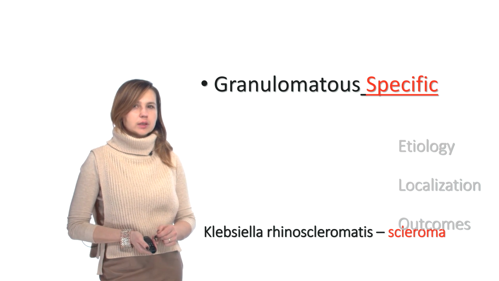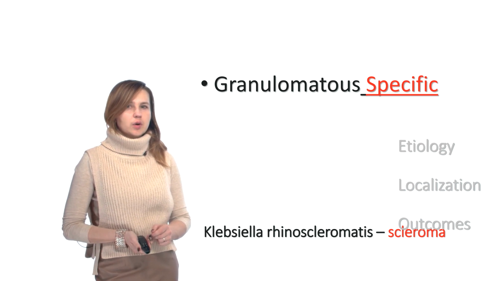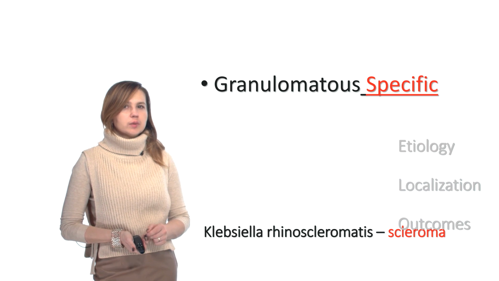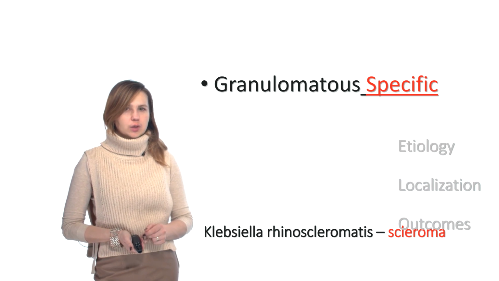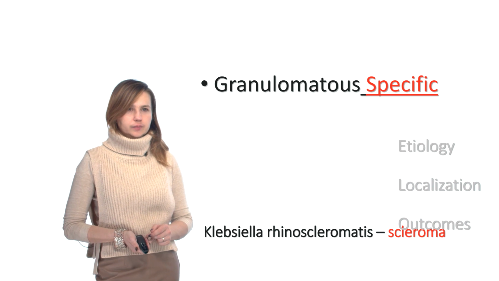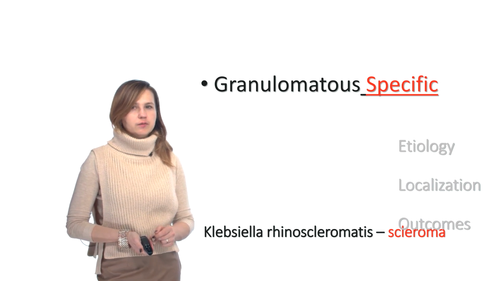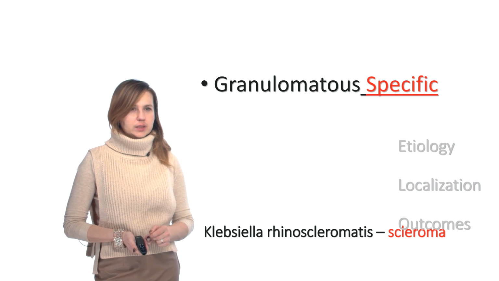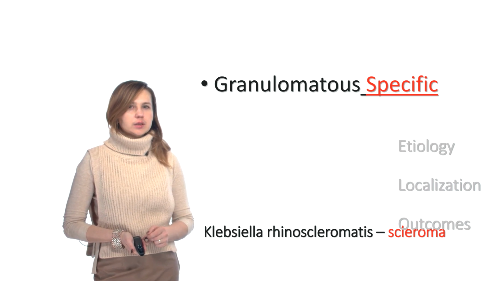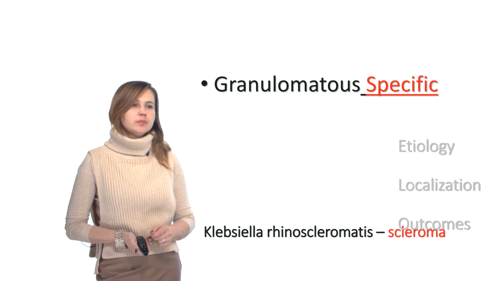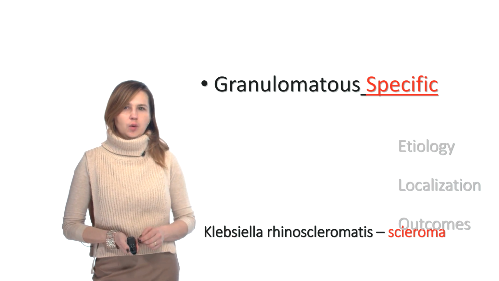A specific feature of scleroma is very large mononuclear cells with vacuolated cytoplasm. They are called Mikulicz cells, in which the pathogen can be identified: Volkovich-Frisch bacillus, Klebsiella rhinoscleromatis.